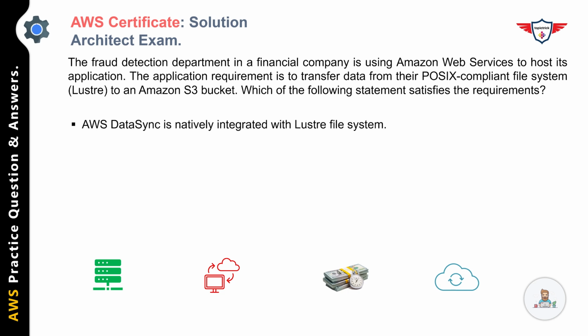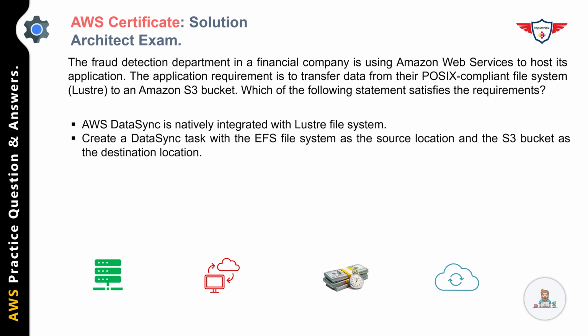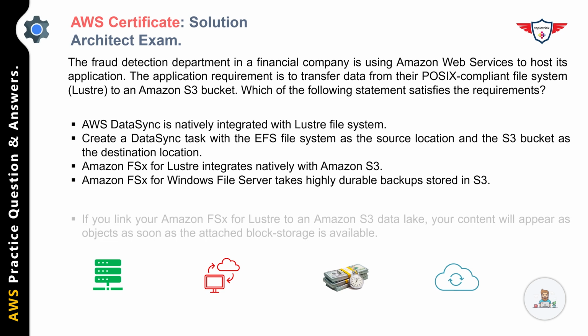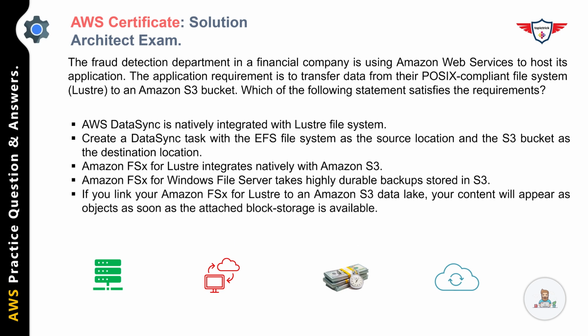The options are: AWS DataSync is natively integrated with the Lustre file system; create a DataSync task with the EFS file system as the source location and the S3 bucket as the destination location; option 3, Amazon FSx for Lustre integrates natively with Amazon S3; Amazon FSx for Windows File Server takes highly durable backups stored in S3; and the last one is if you link your Amazon FSx for Lustre to an Amazon S3 data lake, your content will appear as an object as soon as the attached block storage is available.